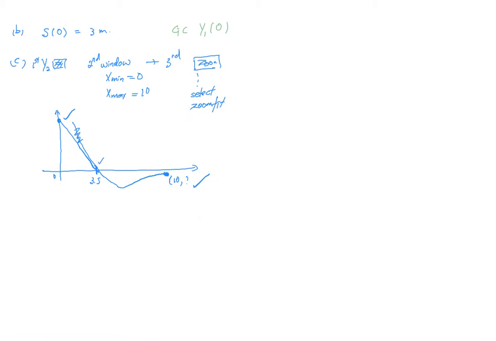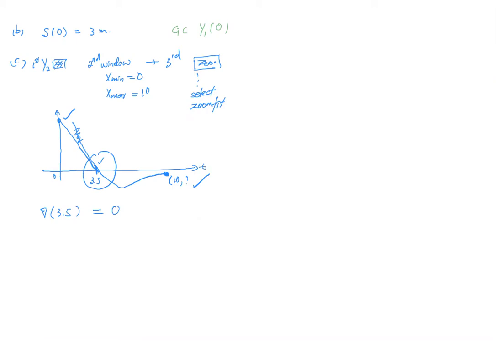Okay, good. So now, which aspect of the graph indicates that the object is at rest and changes its direction of motion? You have to know which aspect of the graph. So you say at t equal to 3.5, v(3.5) is equal to 0. It passes through this, the x-intercept.